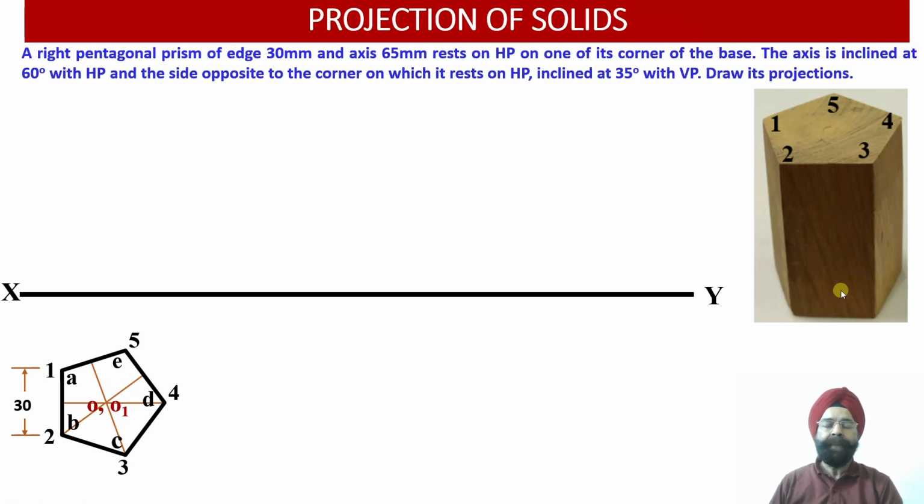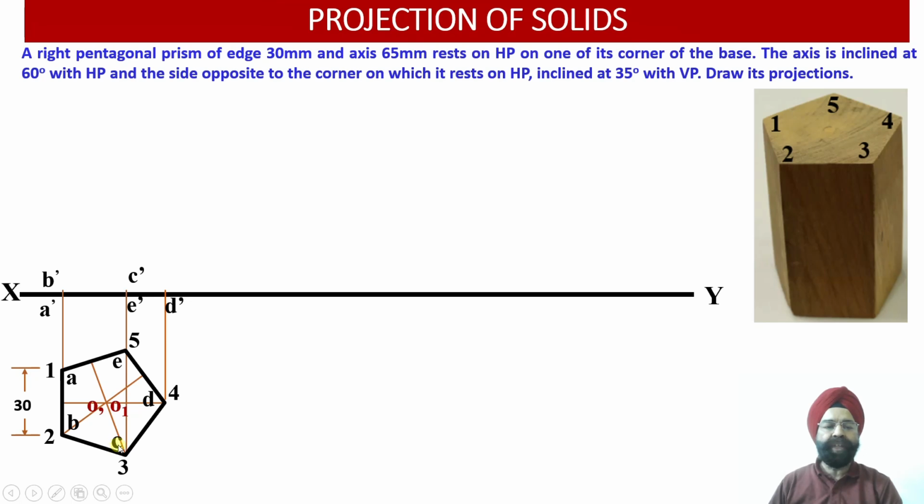Now having obtained the top view projections of this right pentagonal prism which is resting on its base on the horizontal plane, let us evaluate the front view projections. Corresponding to the base, B dash and A dash points will be located onto the XY reference line.